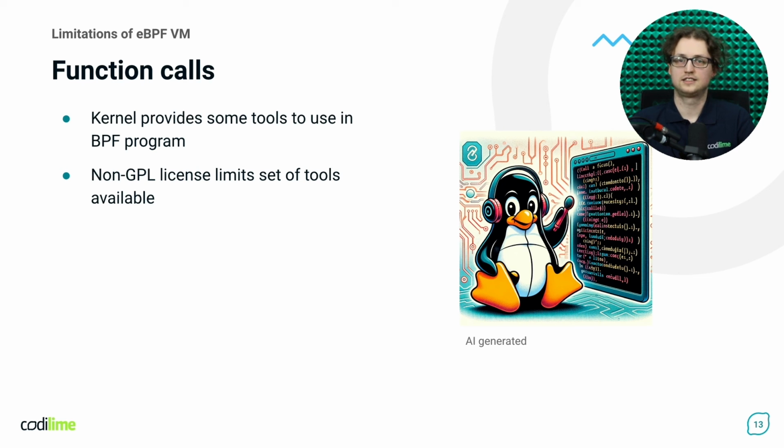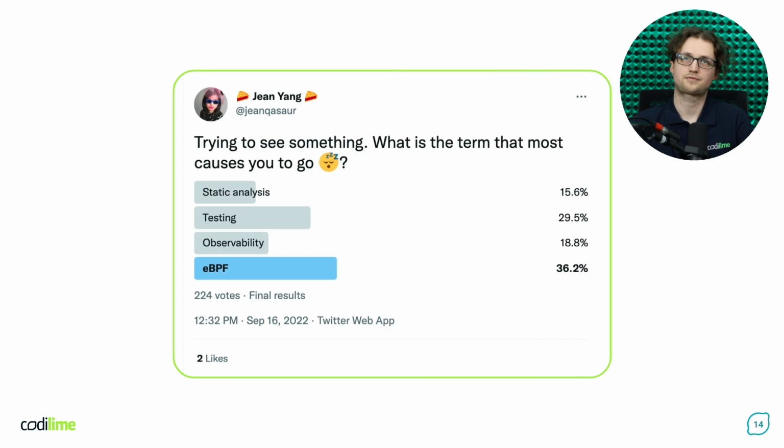And if this license is not GPL, our set of function calls from the kernel is limited to those functions that are not licensed under GPL, because it would be in conflict with the license your code is distributed with. So only GPL based eBPF programs can use the full set of tools provided by the kernel. If you are not using GPL, you need to re-implement those functions yourself instead of using kernel ones.